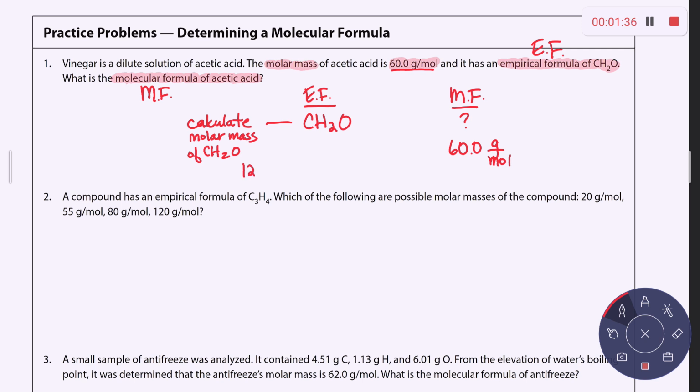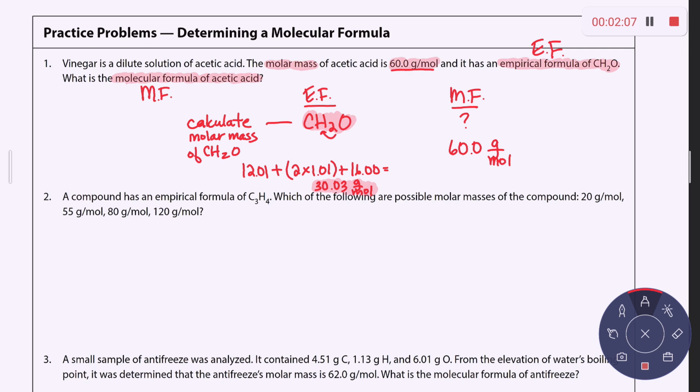So I have 1 carbon in the empirical formula. How many hydrogens are present? 2. So 2 times 1.01 for hydrogen, and then oxygen's molar mass is 16, and I only have 1 of them. When you add all of these together, you're going to get 30.03. So 30.03 is the molar mass for the empirical formula CH2O, okay?